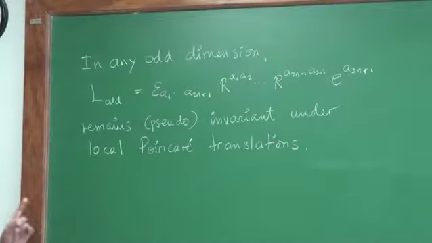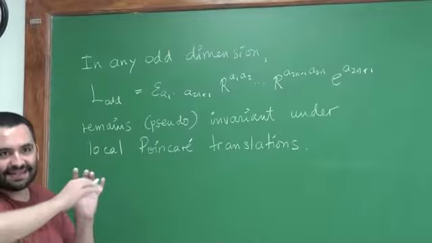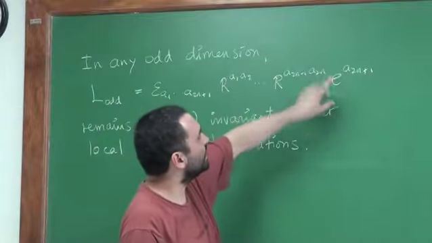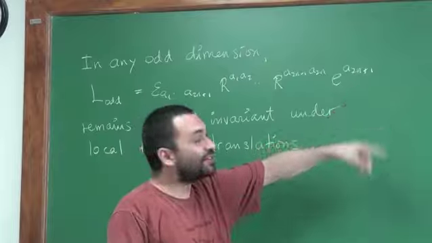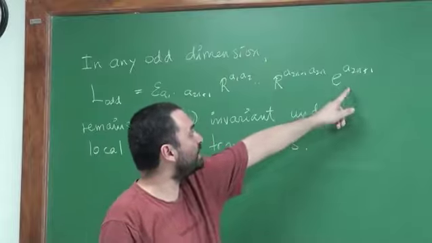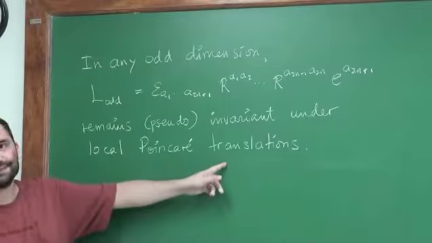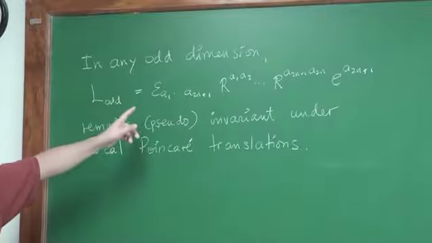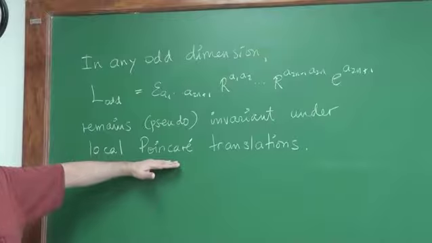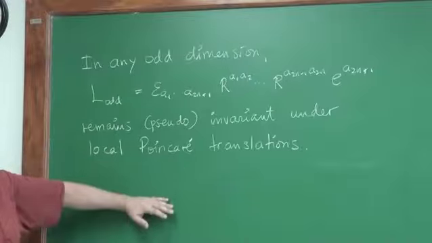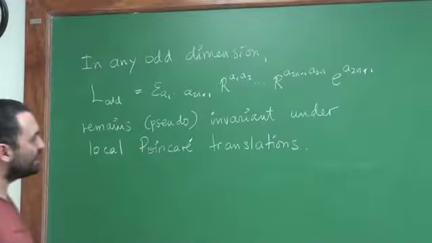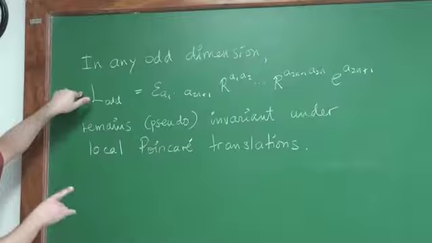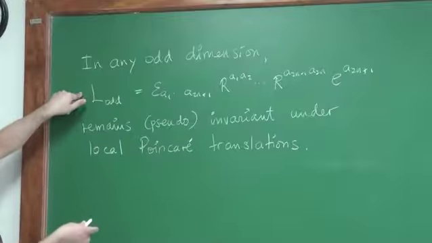If you are in odd dimensions, you can look at the last of the Lovelock terms, which has many R's and one vielbein. For the same reason as in 3 dimensions, this remains invariant under local Poincaré translations. So that works, but it's only the last Lovelock term, and only under Poincaré translations. You cannot generalize this to anti-de Sitter, for instance. In 3 dimensions, this is the Einstein-Hilbert Lagrangian, but only in 3 dimensions. In 5 dimensions, this is the Gauss-Bonnet term.